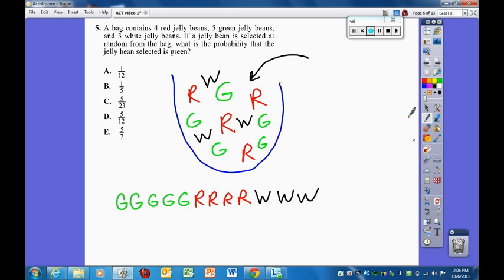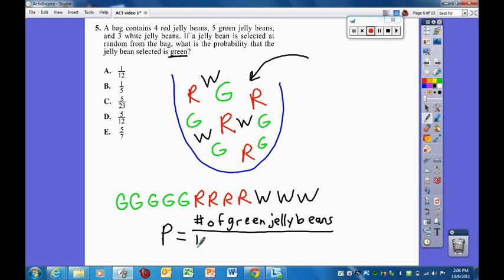If you could perform the entire experiment and go all the way through to the end, your probability is equal to the number of, and you're dealing with greens here, because it's asking you for green. So you're going to put the number of green jelly beans divided by the number of jelly beans that there are.